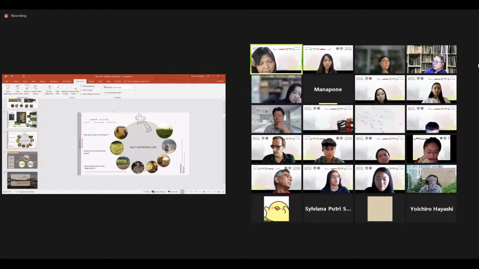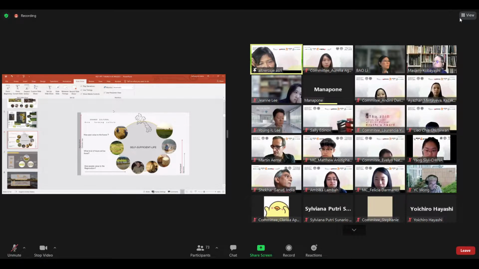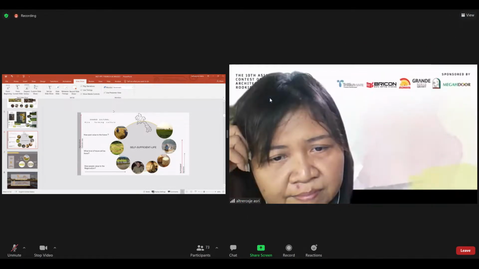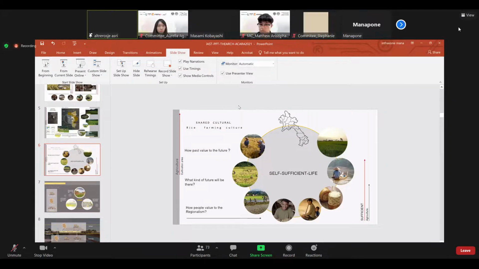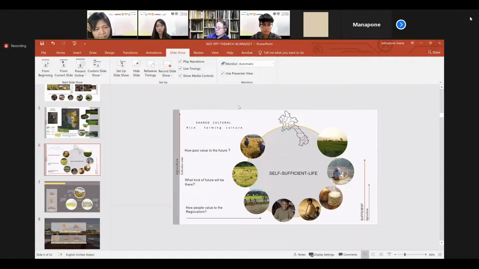I think the rice fields are filled with high-rise buildings, and the new generation is not familiar with this area. How can we create something, or how can we create agriculture that carries their value? This is my idea: how to get people's attention to this area and create some building there.